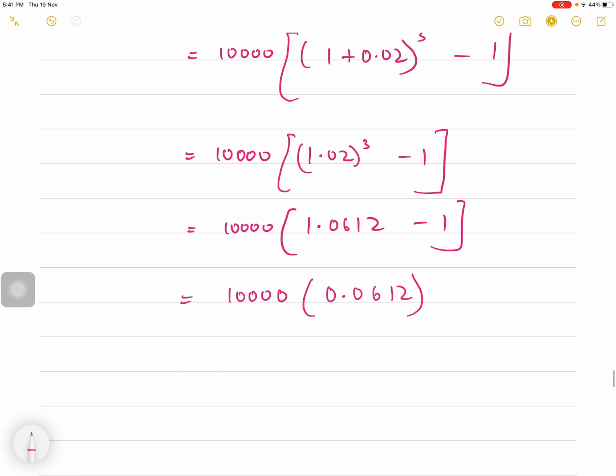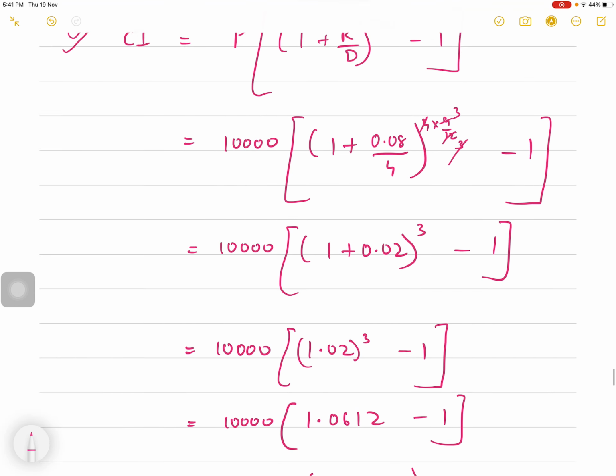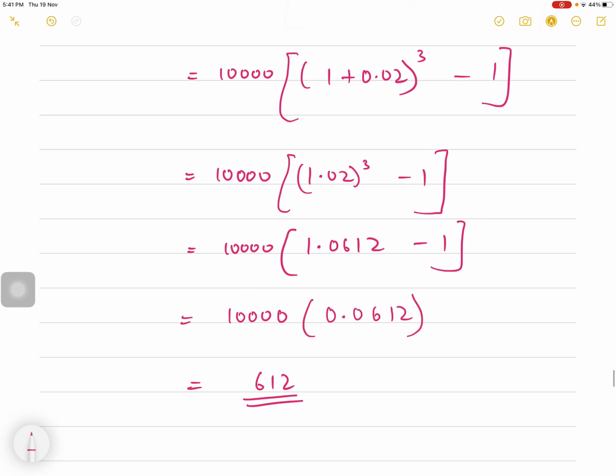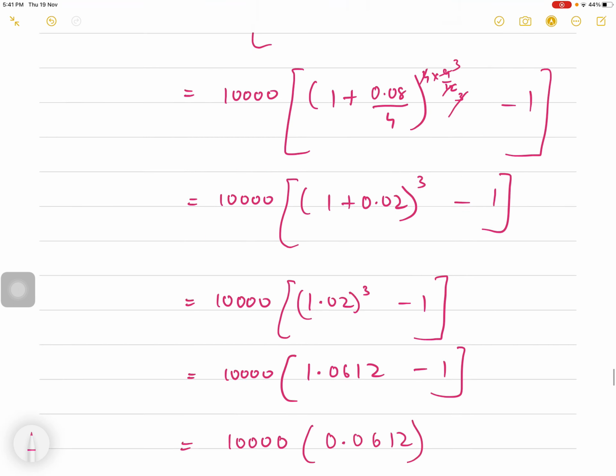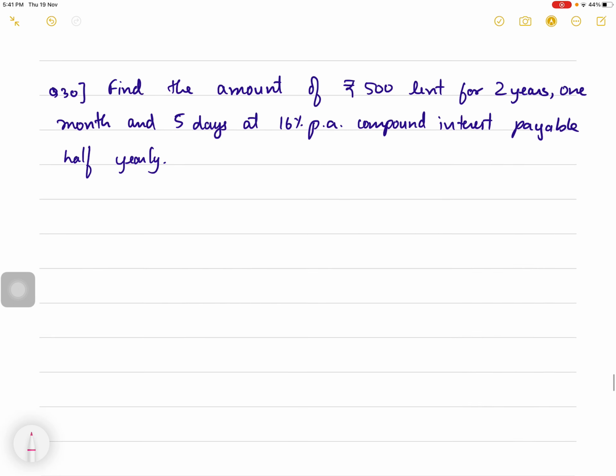When you multiply this, it will come to 612. So compound interest is 612. I have taken 4 decimals. Please take 4 decimals. In the exam also you take 4 decimals. Okay. Now let's solve the next problem.